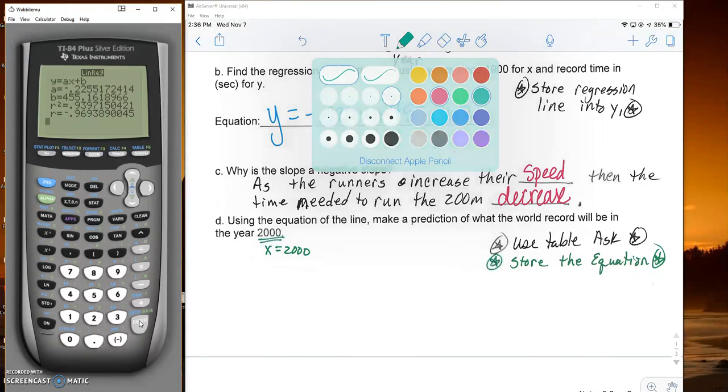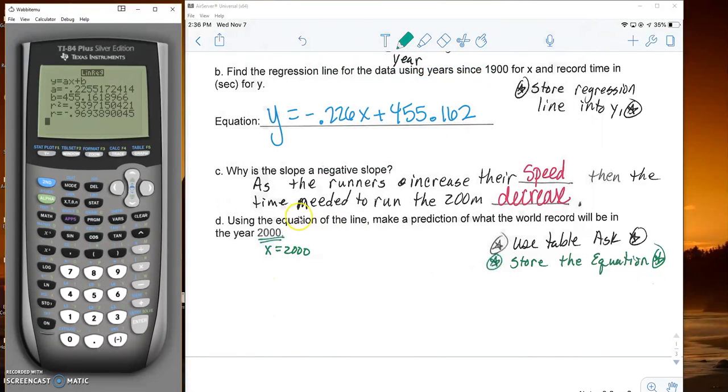And then part D, they are asking me to use the equation of the line to make a prediction of what the world record would be in the year 2000. So if I go to Y equals, here is that really ugly, nasty equation that is not the rounded one that I did, and I've hardly had to type anything, in Y1. So that ugly thing is typed in Y1. I'm going to go to my table, and I'm going to turn on Table Ask.